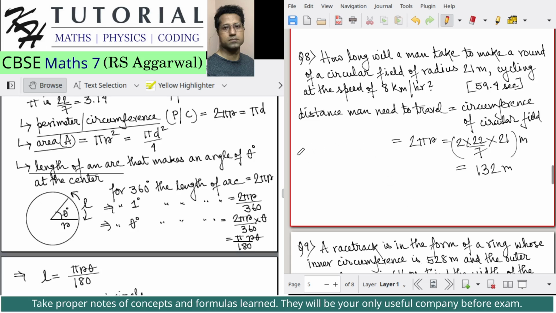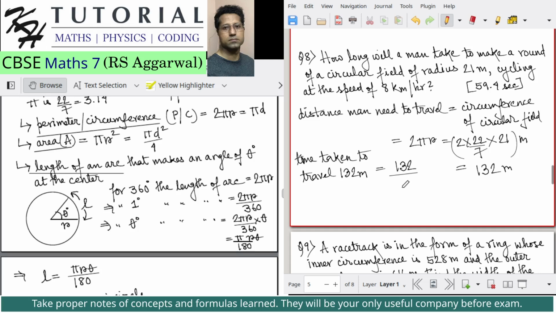So, from the unitary method, the time taken to travel 132 meter will be equal to 132 divided by the speed at which the man is cycling.